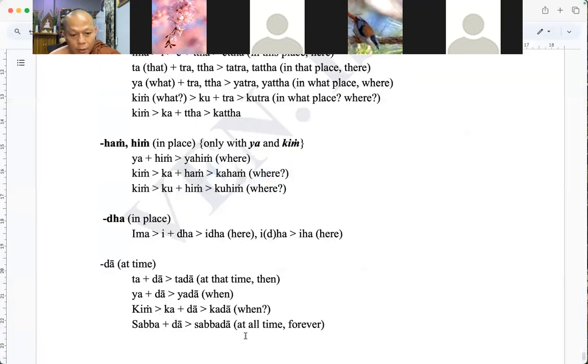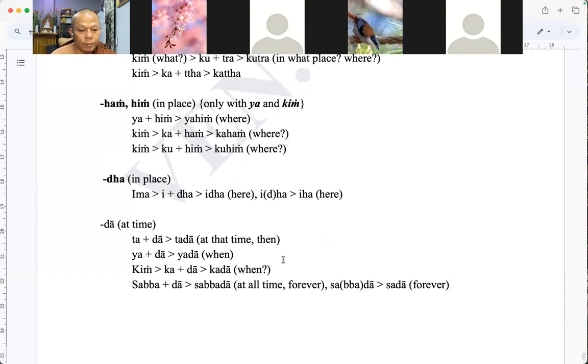But that sabada, so this ba is reduced. So we have the sada also, forever, sada in this way. That is da.